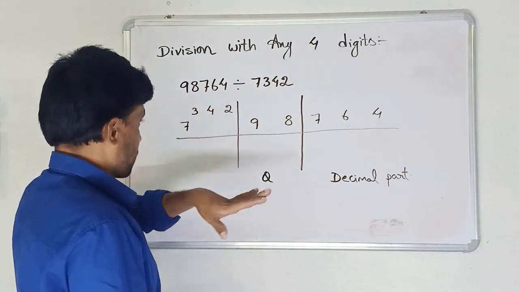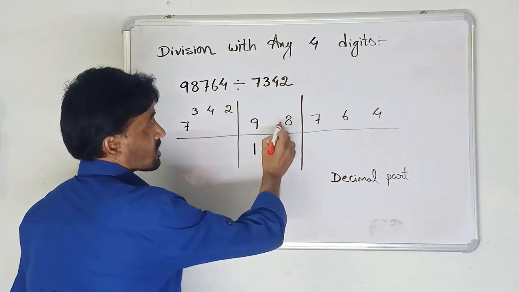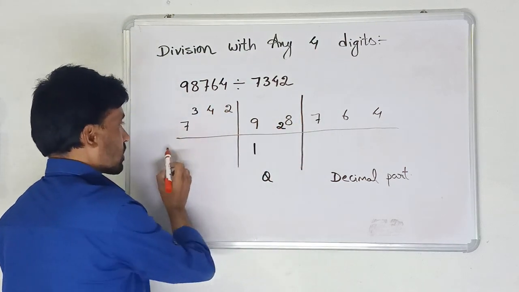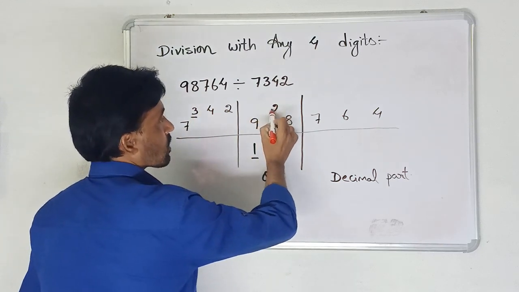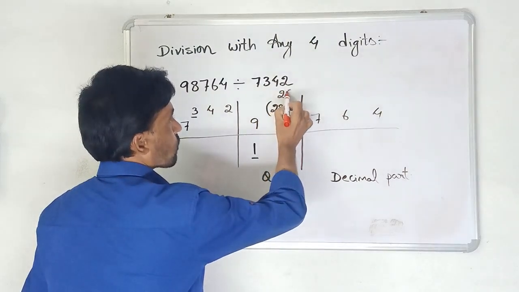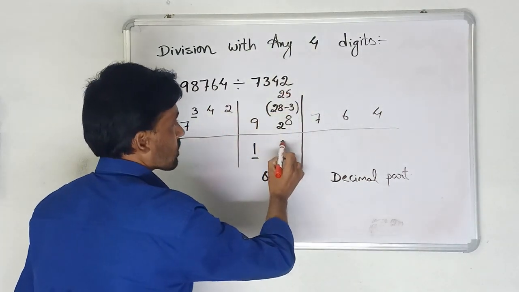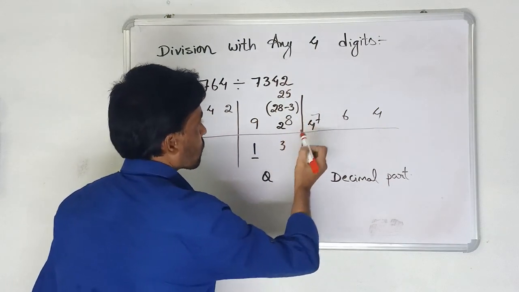Look here. 9 divided by 7 is one time, which leaves remainder 2. Now the suffix has 3 and 1, so 3 times 1 is 3. 28 minus 3 is 25, and 25 divided by 7 is 3 times, leaving remainder 4.